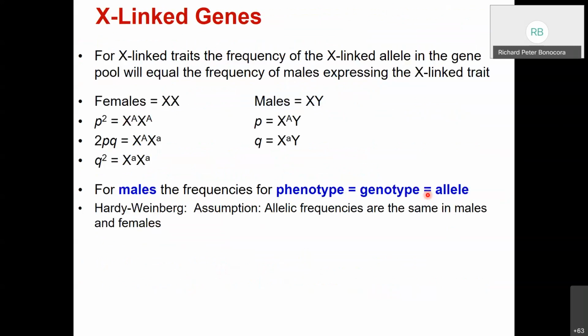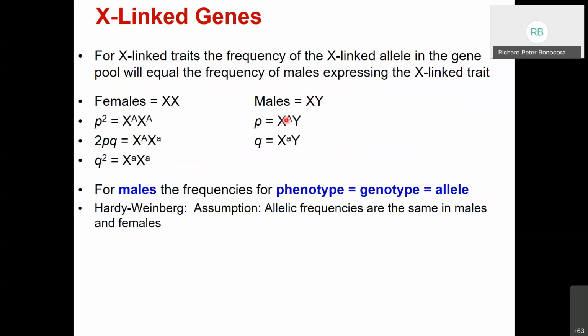All right, so for X-linked genes, the frequency of the X-linked allele in the gene pool will equal the frequency of the males expressing that X-linked trait. Remember, if it's a gene on the X chromosome, males only have one copy of the X chromosome, and so whatever allele they have will be expressed.